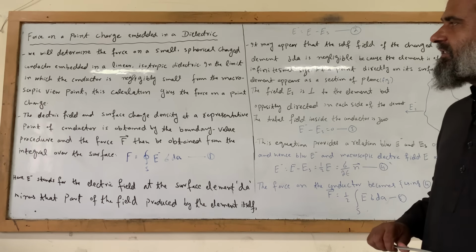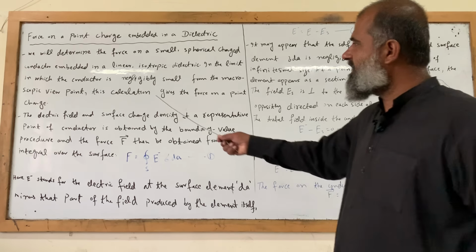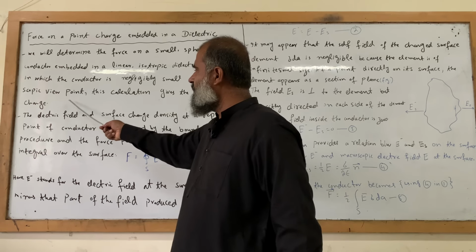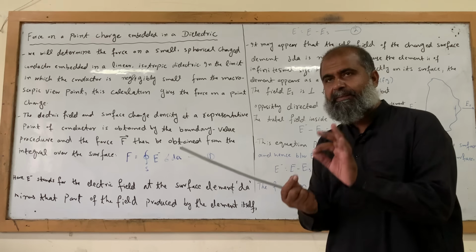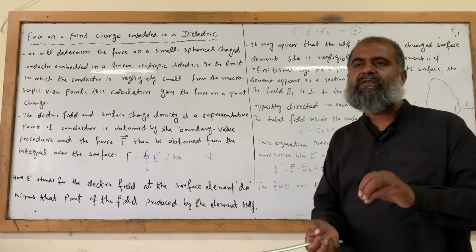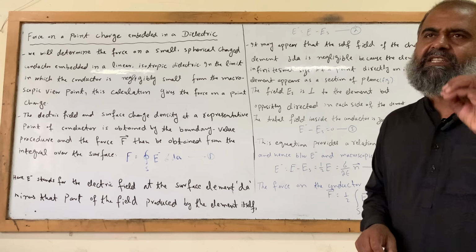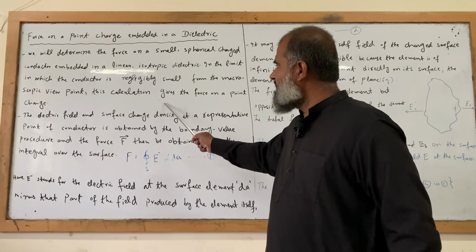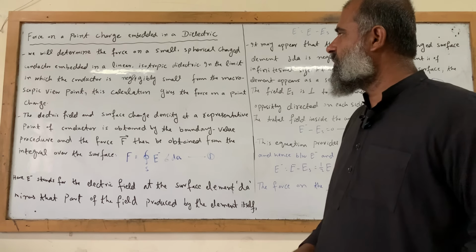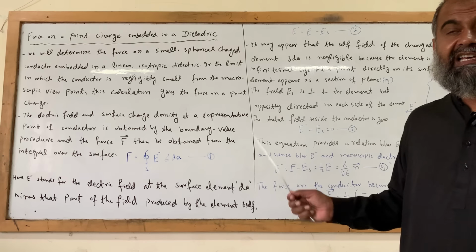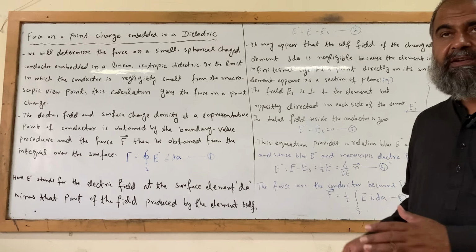In the limit in which the conductor is negligibly small from the macroscopic viewpoint, means the material that you have embedded inside the dielectric is negligibly small, this calculation gives the force on a point charge. What will the calculations provide?